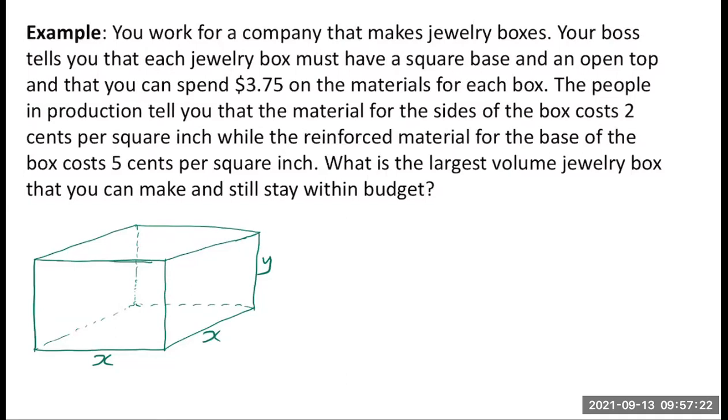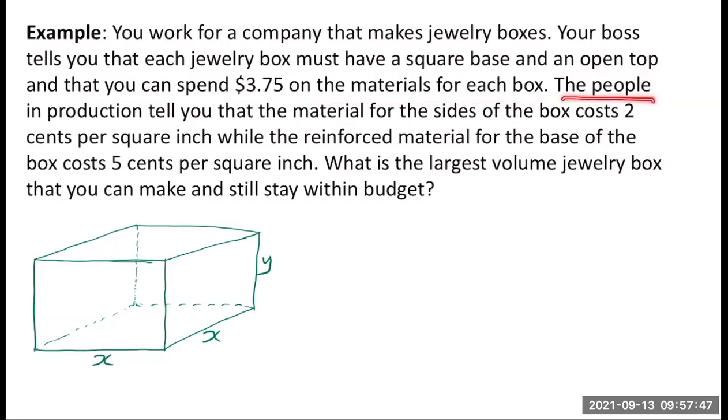All right, here is the next example that I want to go over. Let's read the example first. You work for a company that makes jewelry boxes. Your boss tells you that each jewelry box must have a square base and an open top, and that you can spend $3.75 on the materials for each box.